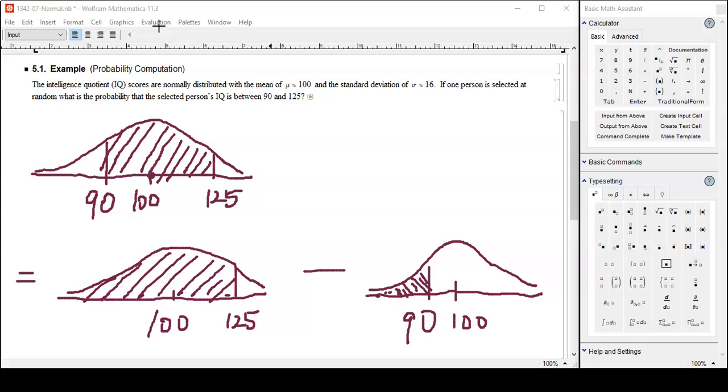Does it make sense? This middle area is this big area, everything less than 125 minus less than 90 only. So big minus small, and then you're going to get the middle part. Make sense? I told you we are going to do a lot of geometry problems, so draw the picture. Drawing the picture is very, very, very important.